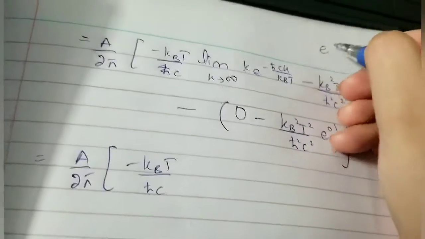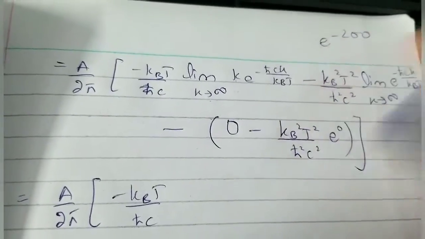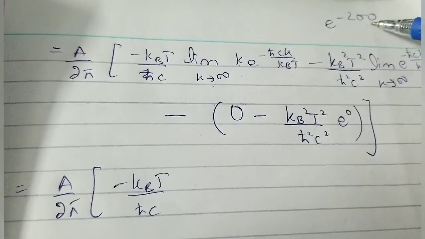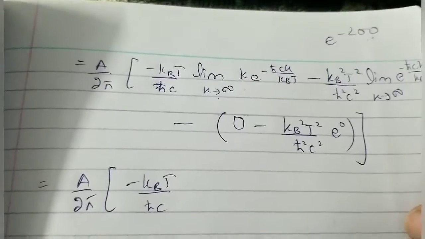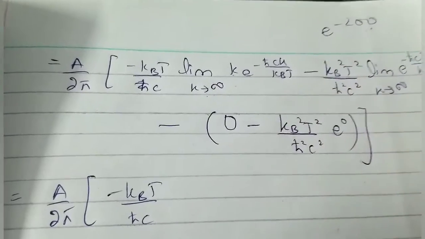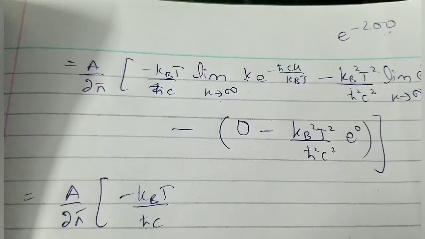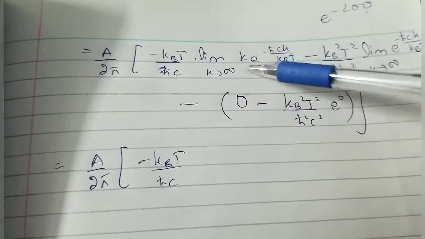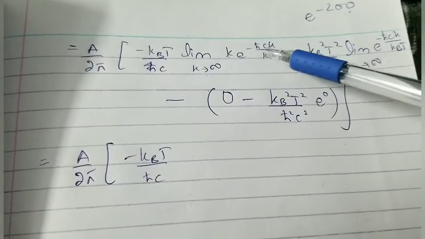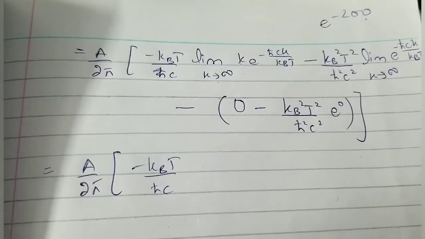If we have e to the power minus 200 and you put it in a calculator, you will get 0. Though 200 is not a very big number, even so e to the power minus 200 gives a result so small that we take it as 0. And you put 200 in place of k here, it's 200, and e to the power minus 200 gives you 0, so they will both multiply to give you a 0 result.